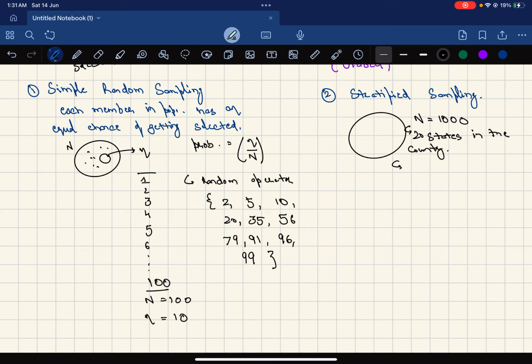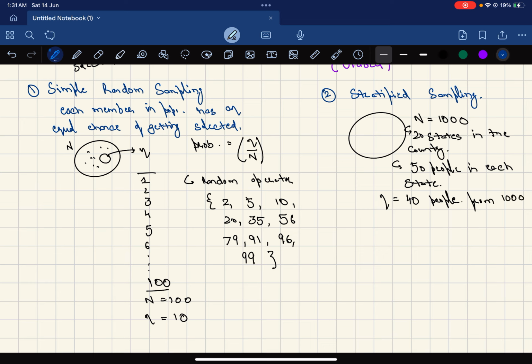So therefore 1000 upon 20, there will be 50 people in each state. Now let us say we are taking a small sample here of 40 people from 1000.